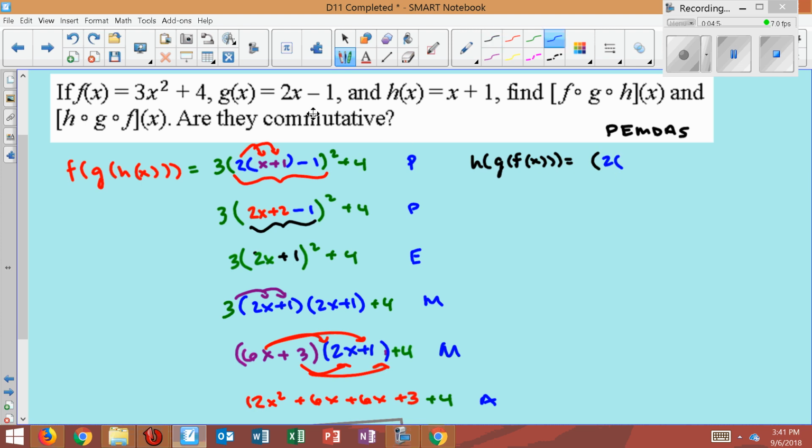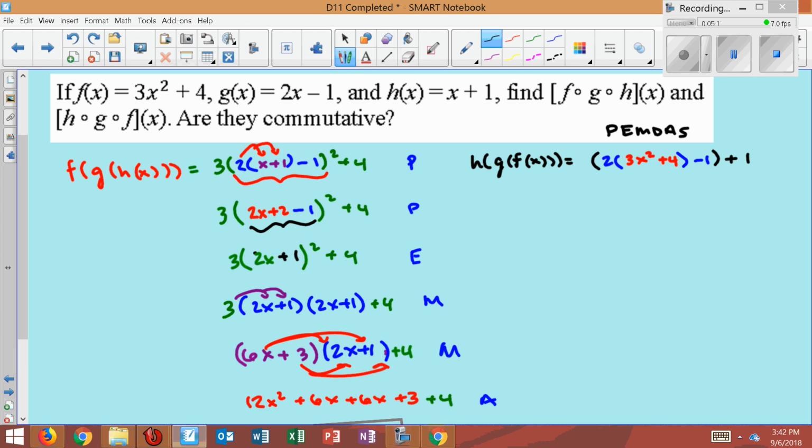So instead of x, I now replace this here, 3x squared plus 4. And now I have f inside of g, I complete g, which is a minus 1 here. And now I continue on with h, which is a plus 1 on the outside.